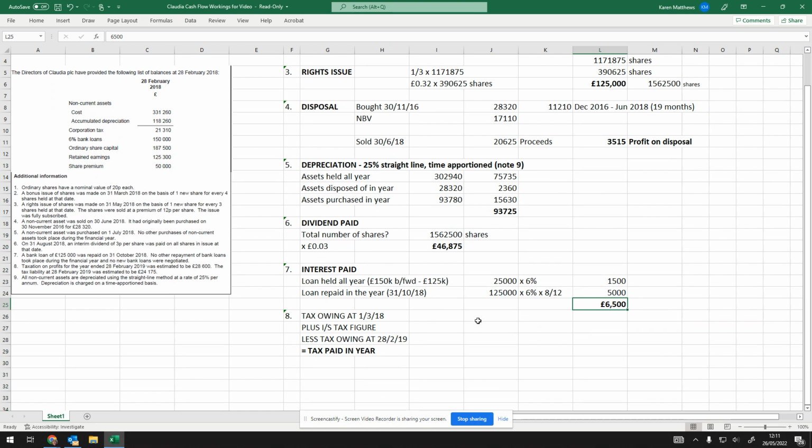So the starting point for working out how much tax has been physically paid in the year is to start with what was owing. So at the beginning of the year we owed 21,310. It tells us in the note down here that they estimate the tax on profit to be 28,600. So we'll pop that in there. And then it tells us that at the end of the year, they estimated that they would still owe 24,175.